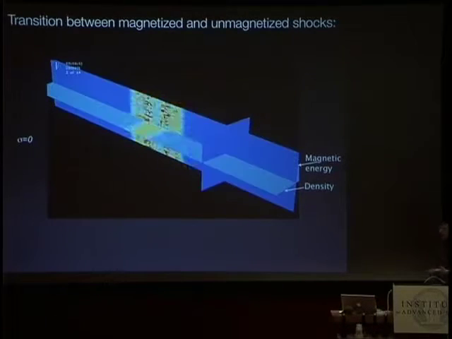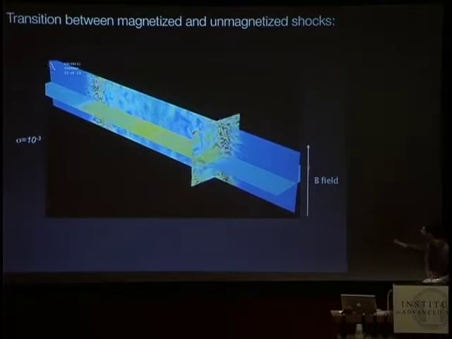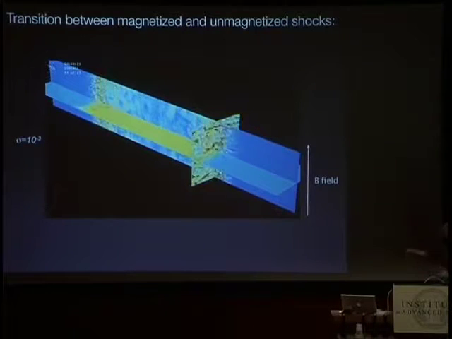Now I'm going to start adding a background magnetic field, like that. And what you see here is that there's still filamentation, but those filaments now look like they're not loops anymore. They're more like pancakes, so they get flattened by the presence of the magnetic field.